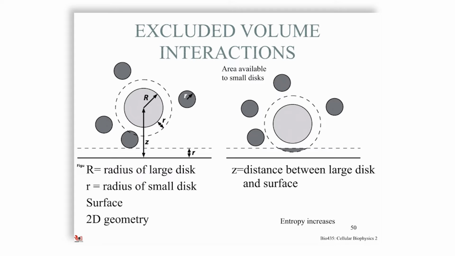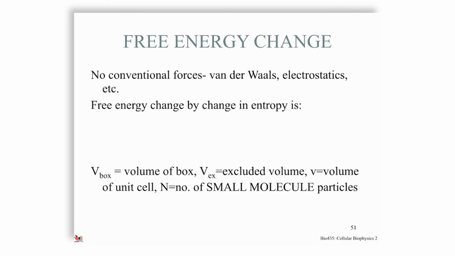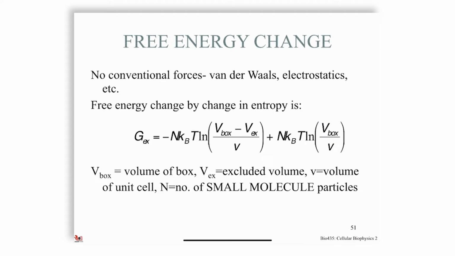It's finally nothing but entropy. So we can go back and ask, if there are no conventional forces, like we were saying earlier, van der Waals, electrostatic, etc., the free energy by entropy change alone, due to excluded volume, G excluded, is given by this expression, which looks a little complex.